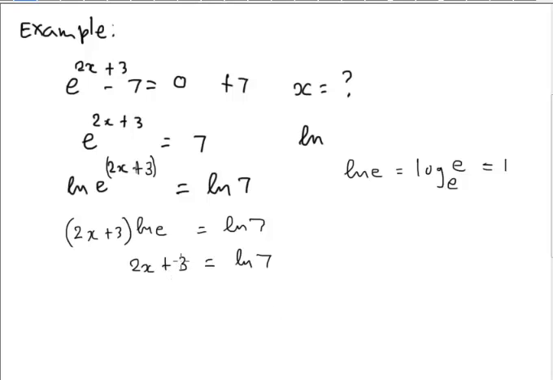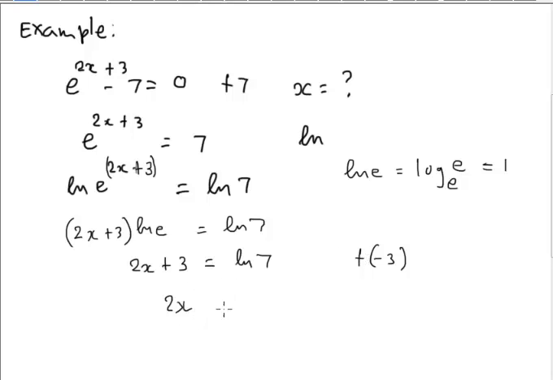So after that, we need to leave the term with the x on one side alone. We've got 2x plus 3. So 3 is a problem there. So we call upon his friend minus 3 to create a 0 here and be left with 2x. So we come here and say 2x, what has happened? 3 plus minus 3, 0. 0 plus 2x, 2x.